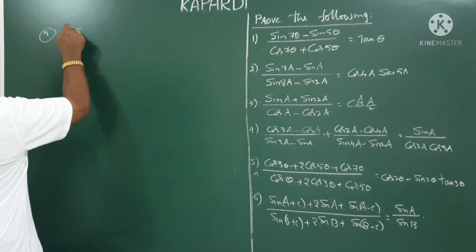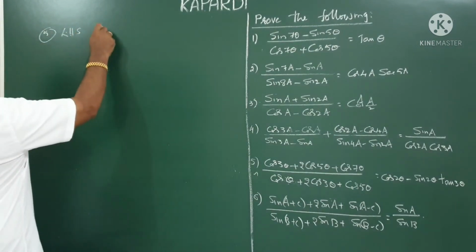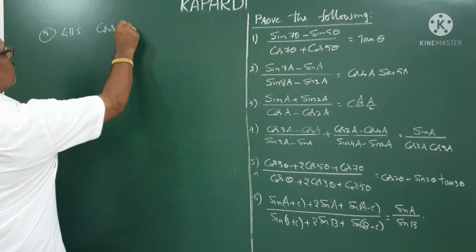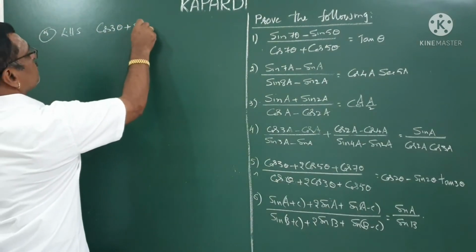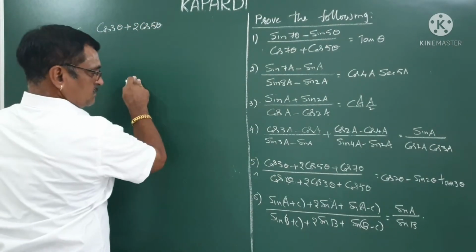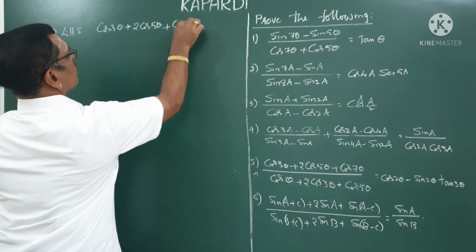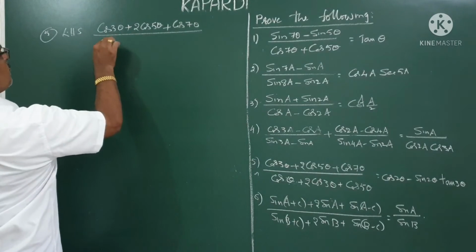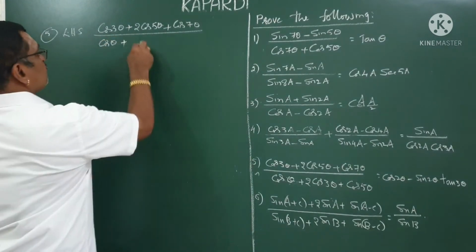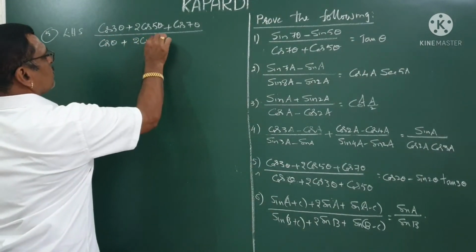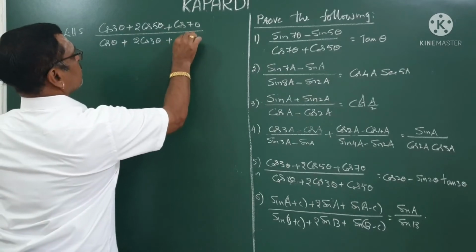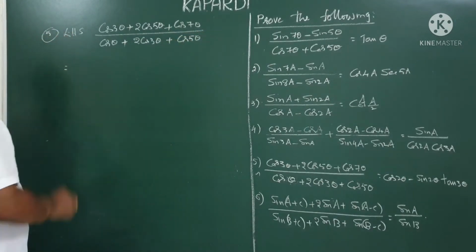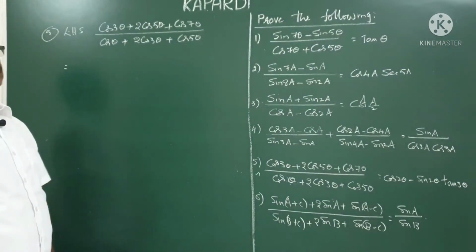Left hand side, cos 3 theta plus 2 cos 5 theta plus cos 7 theta by cos theta plus 2 cos 3 theta plus cos 5 theta. Okay, here what I do, I group the terms.